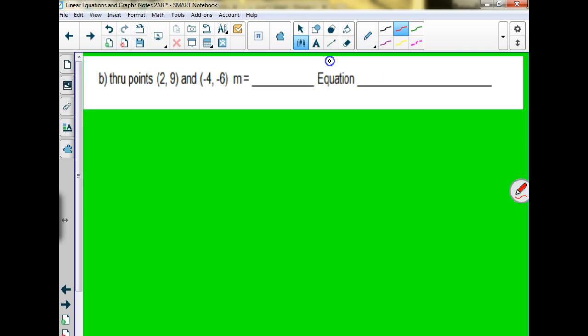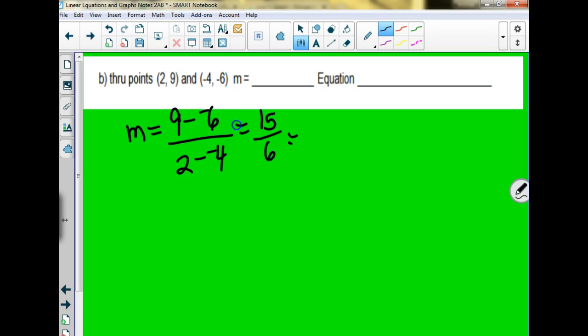All right, this is the one I've got to get through today. Through 2 points, what do you got to start with? Find the slope. 9 minus -6, 2 minus -4 is 15 over 6 or 5 halves. How did I do? Okay.